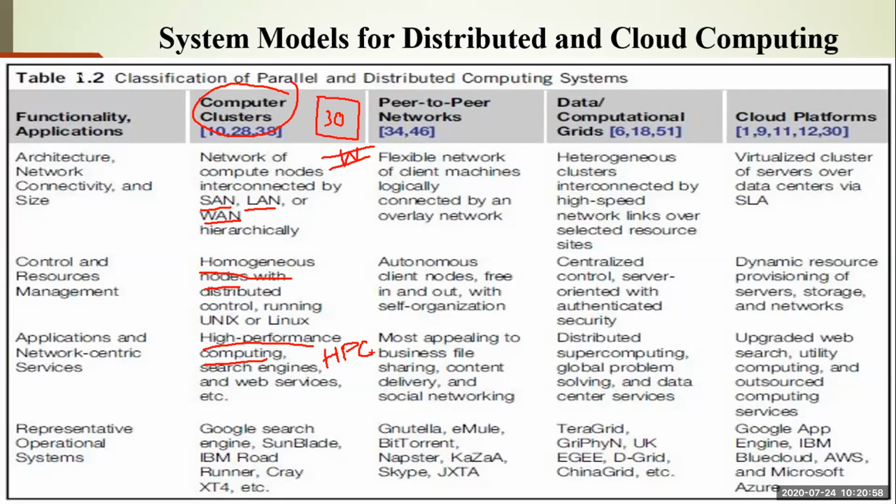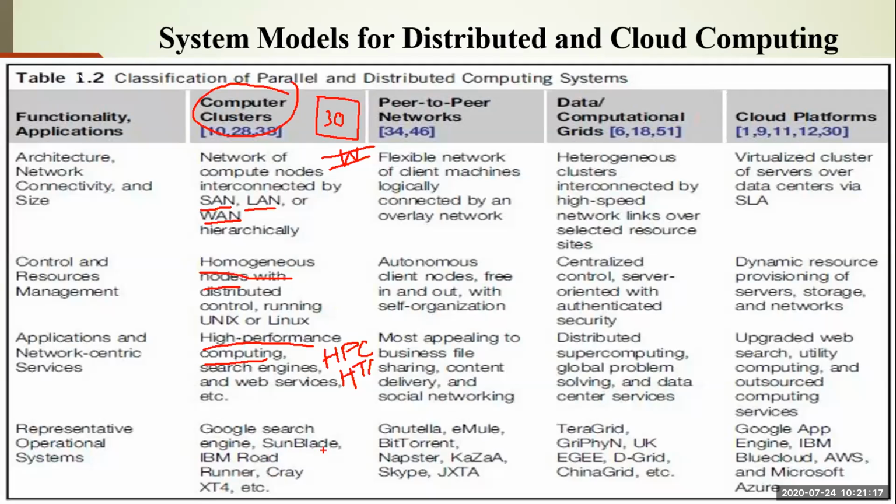So nowadays we are focusing on HTC systems instead of HPC. If you go for the computer cluster, one popular example is the Google search engine. They are using a computer cluster. Sunblade is an example of a computer cluster, right?